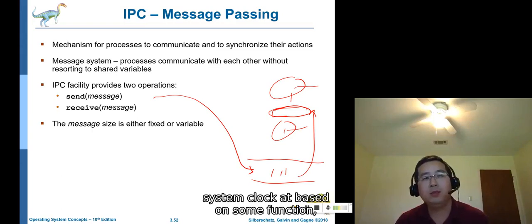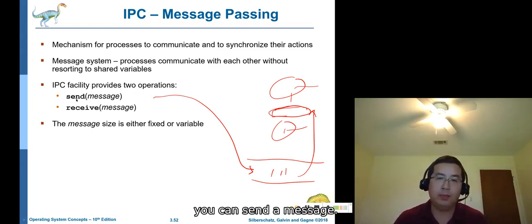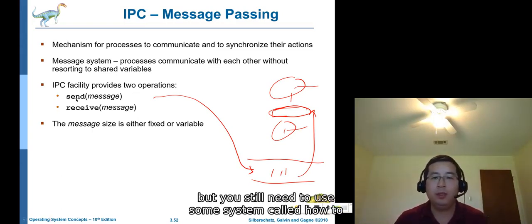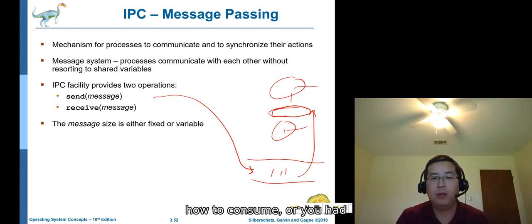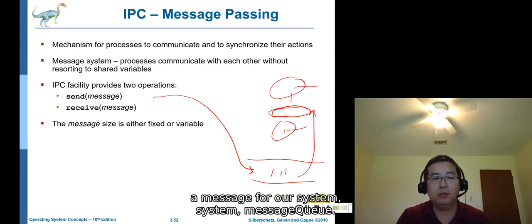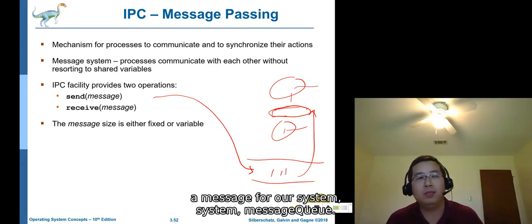Based on some function, you can send a message. You may have a message queue, but you still need to use some system call: how to send a message to a message queue, and how to consume or extract a message from the message queue.